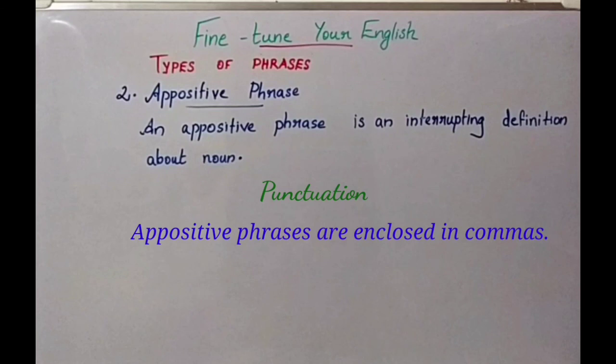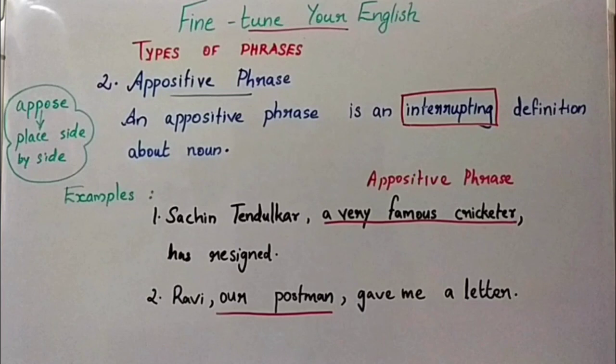Then one more point about appositive phrase is its punctuation. See, appositive phrases are always enclosed in commas. See the examples. In the first example, the appositive phrase, a very famous cricketer, is separated from the rest of the sentence using commas. One comma in the beginning and another in the end.